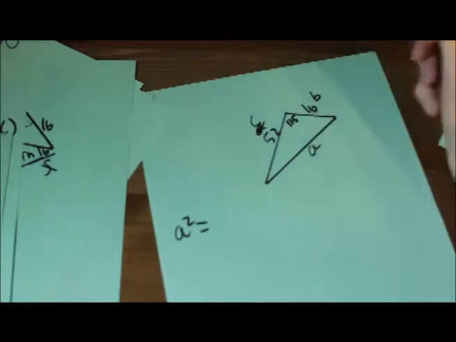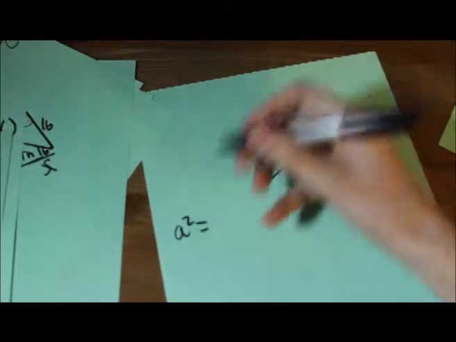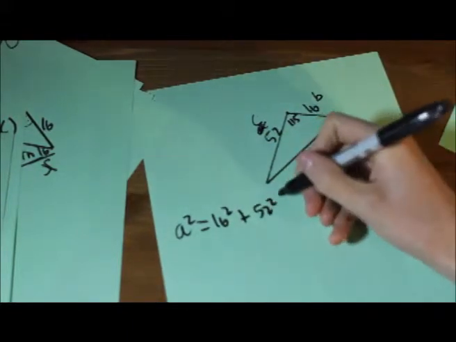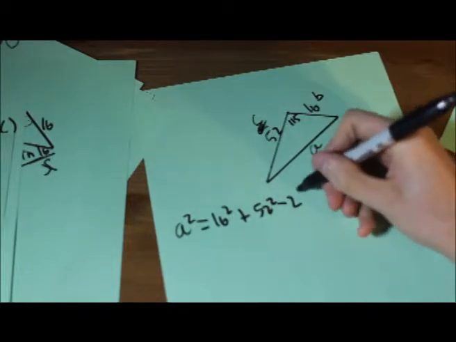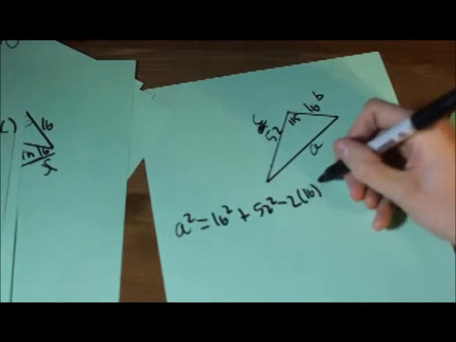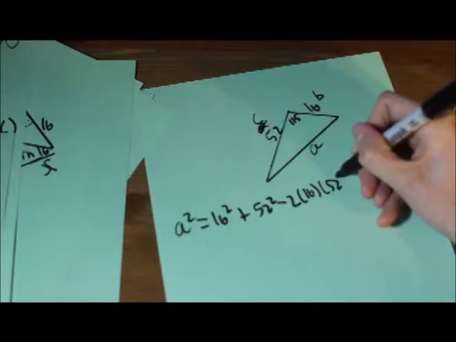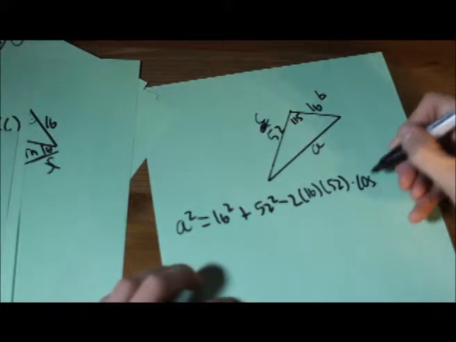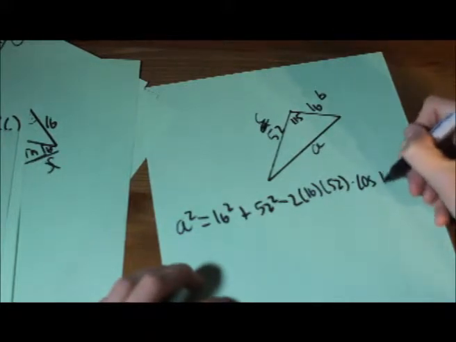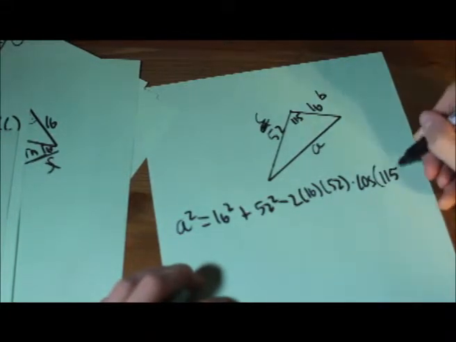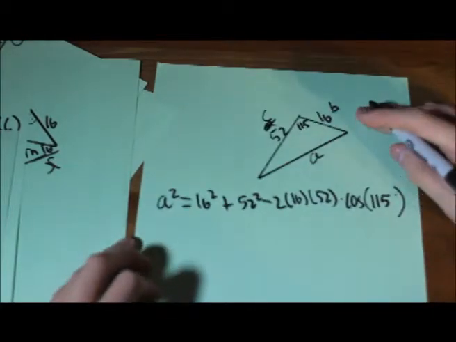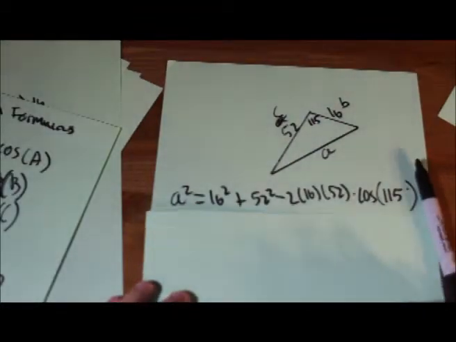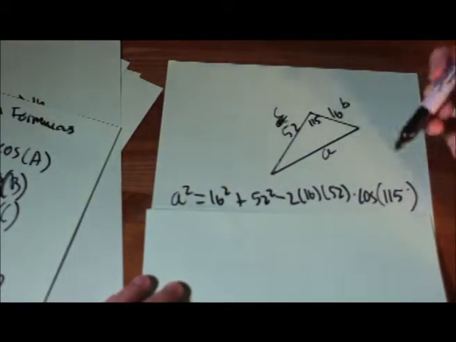This is going to be our C, this is going to be your B. So we're going to do 16 squared plus 52 squared minus 16 times 52 times the cosine of A, which is 115. This is going to be our equation.